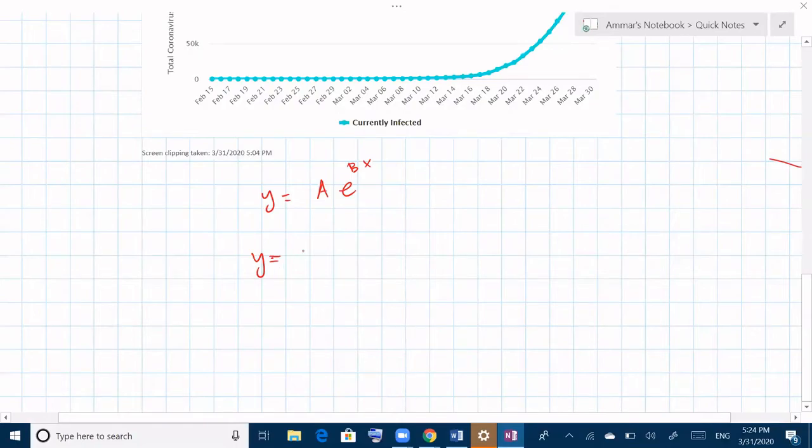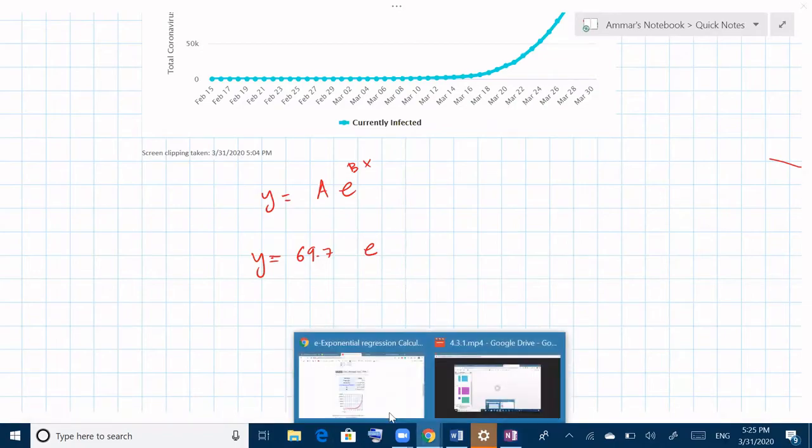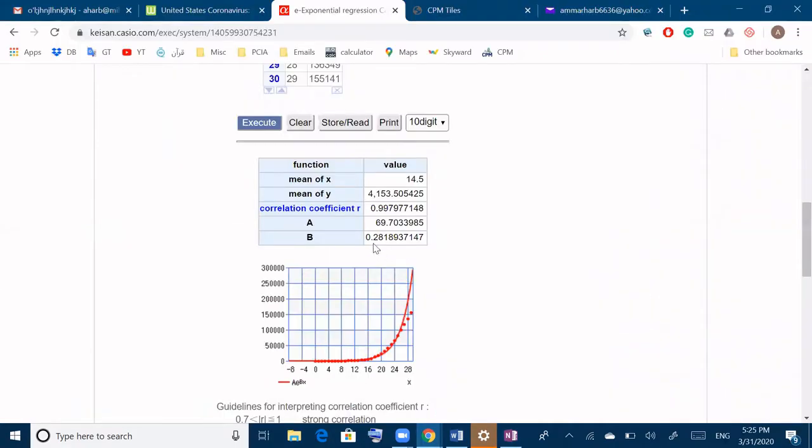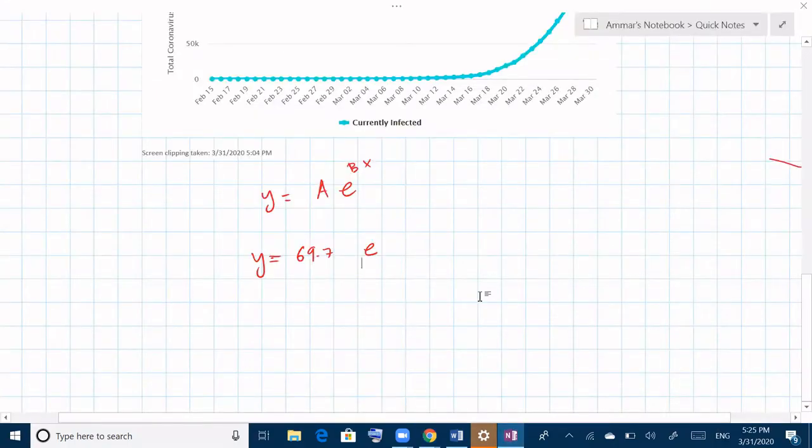I write here 69.7 times E to the power, and the value of B is 0.282.